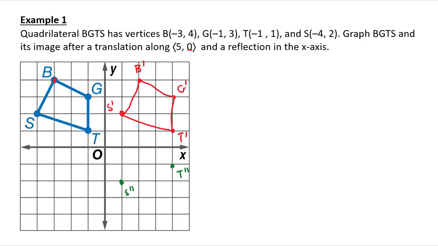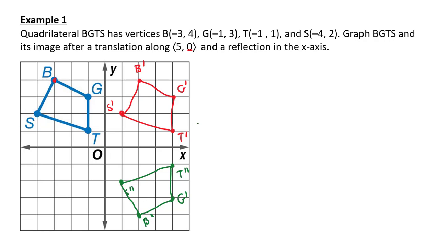G is at a positive 3, so I have to go down 1, 2, 3. And B is up 1, 2, 3, 4, so down 1, 2, 3, 4. So that is our translation.